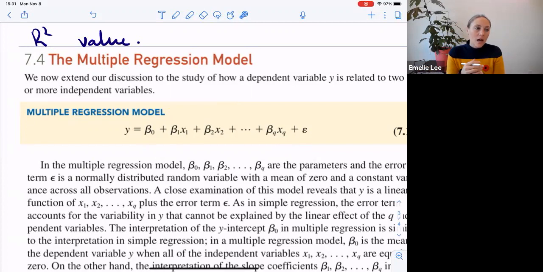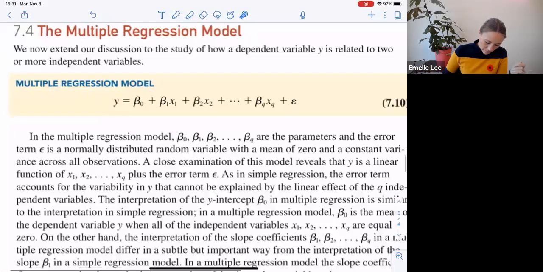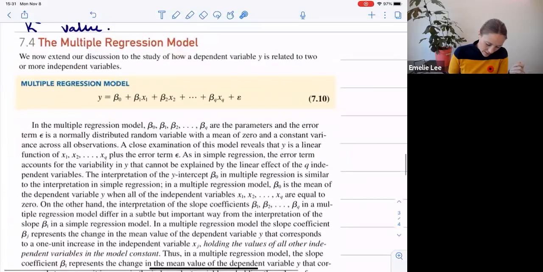And so one thing that we're going to talk about is the error term, which is, oh, they've used two different epsilons, but anyways, it's a normally distributed random variable with a mean of 0 and a constant variance across all observations. So what does that mean?